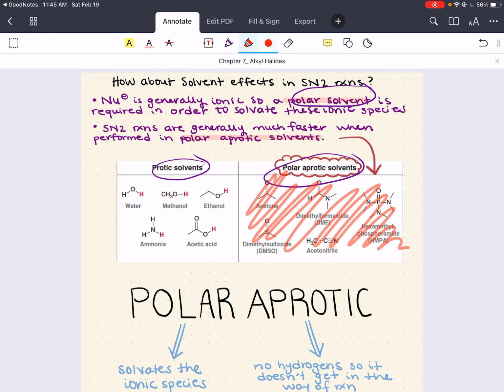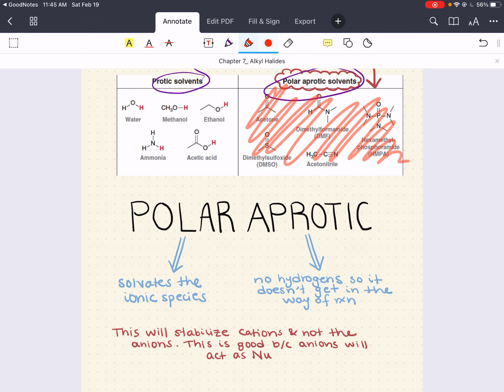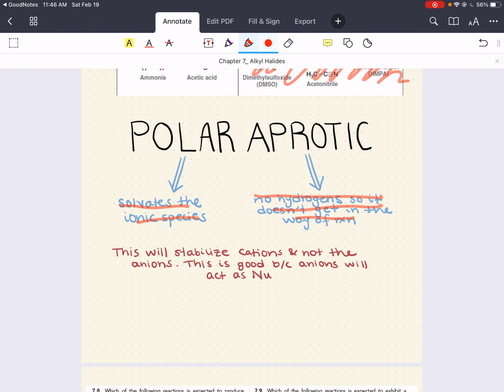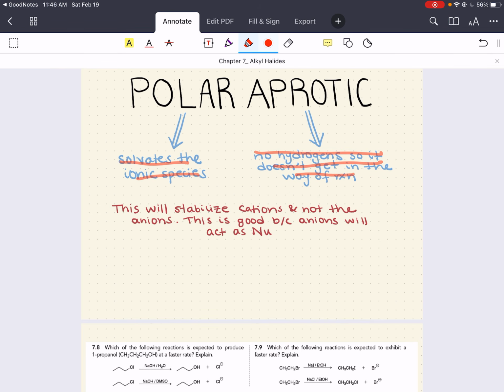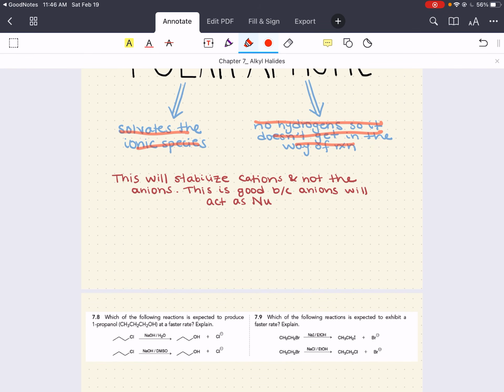And if that's the case, then an SN2 reaction will happen successfully, which is why for SN2, the preferred solvent is polar aprotic. It solvates the ionic species, and there's no hydrogen, so it doesn't get in the way of the reaction. So those are all important things to remember.